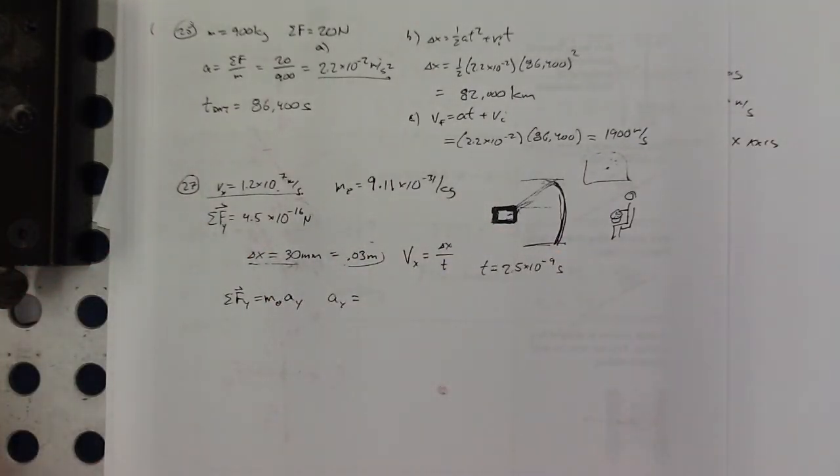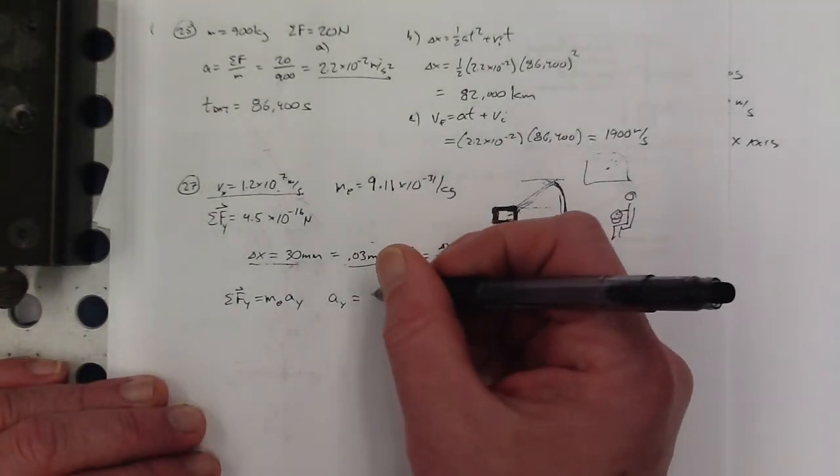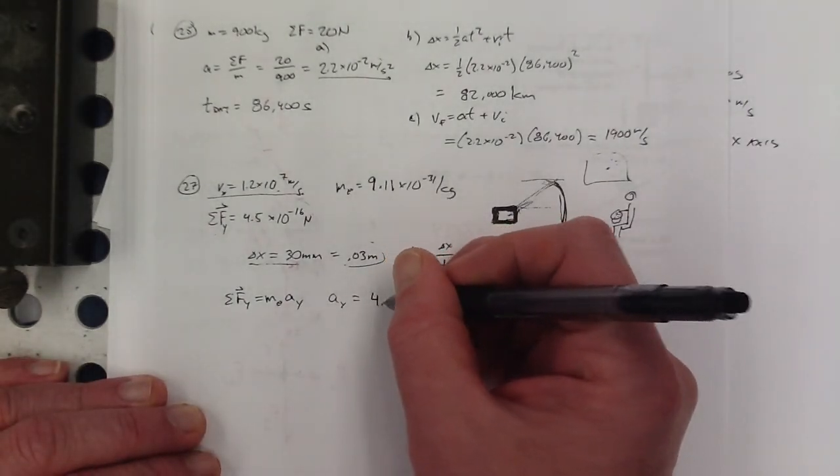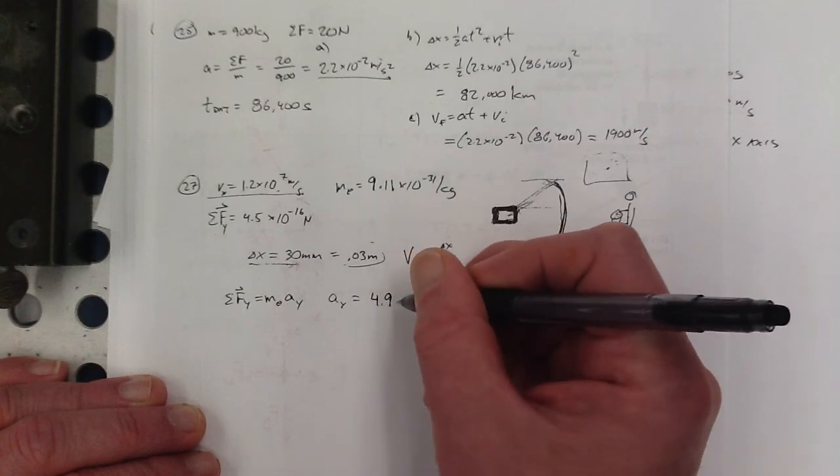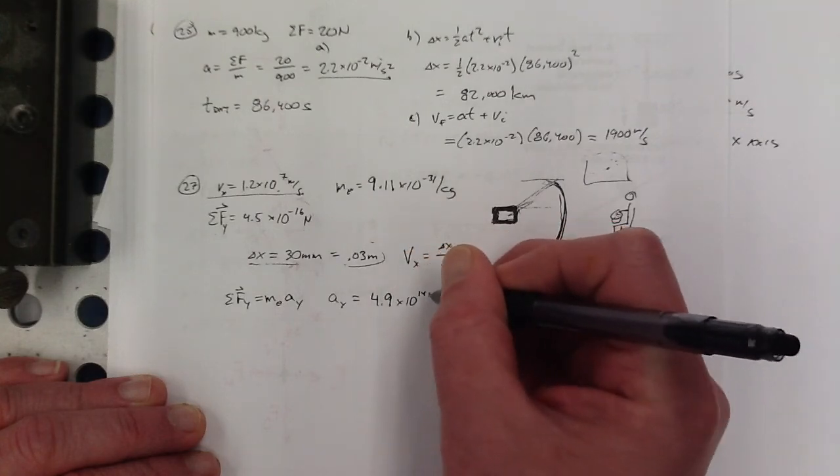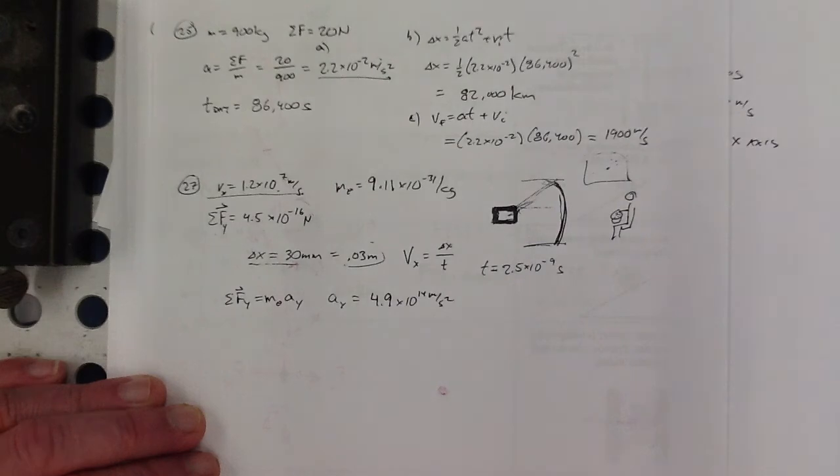So that's 4.5 times 10 to the negative 16 divided by 9.11 times 10 to the negative 31st. So its acceleration is a whopping 4.9 times 10 to the 14 meters per second squared.